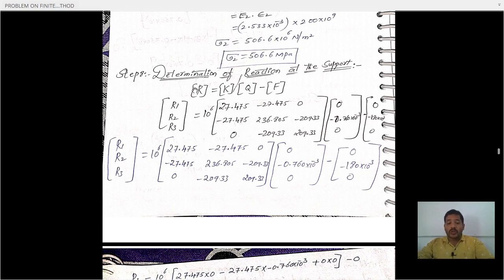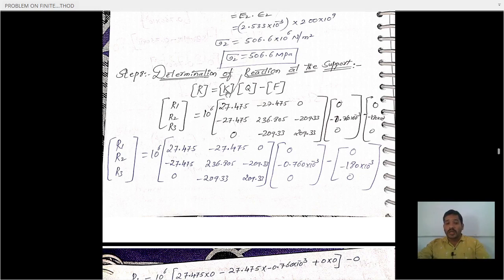So here how many nodes do we have? We have 3 nodes. For that reason the normal reaction acting at the first node is R1, the normal reaction acting at the second node is R2, and the normal reaction acting at the third node is R3.